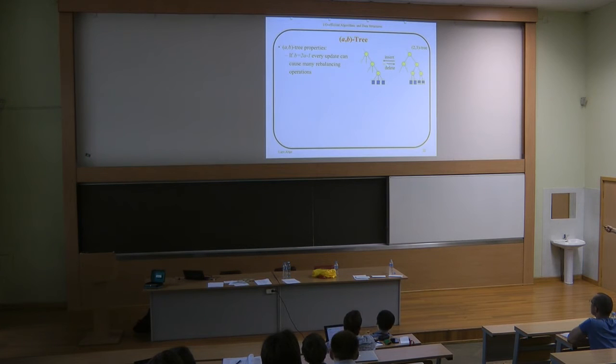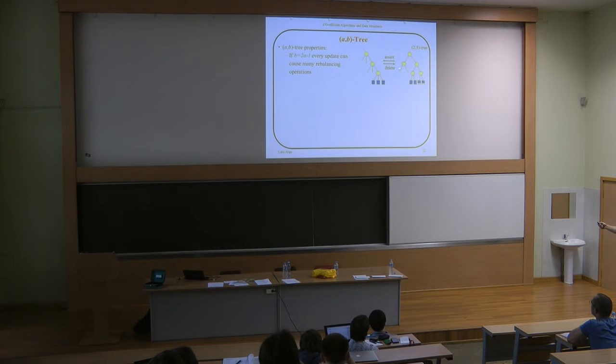Every node here has between 2 and 3 children. If I do an insert here, then this guy splits into 2, and this guy gets 4. He splits into 2. This guy gets 4. He splits into 2. It goes all the way up, right? So I go from a tree here where everybody has degree 3 to one over here where there's a path where everybody has degree 2.